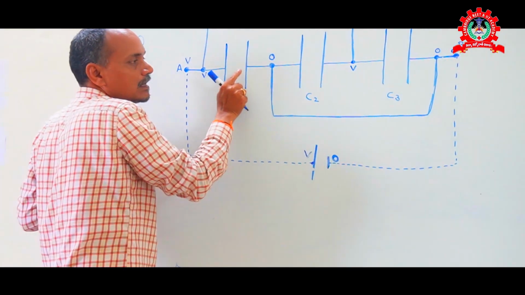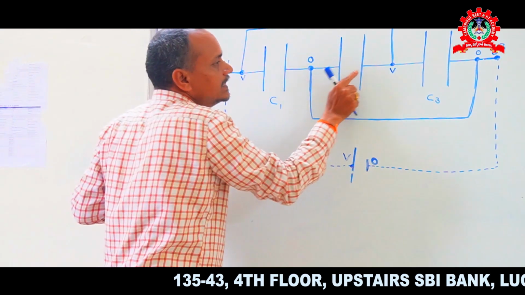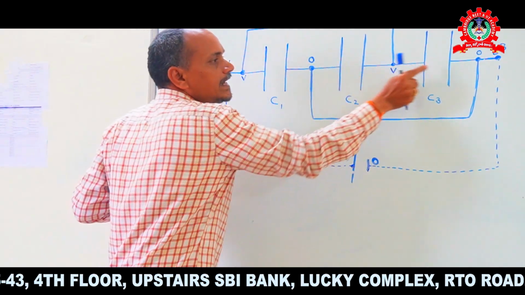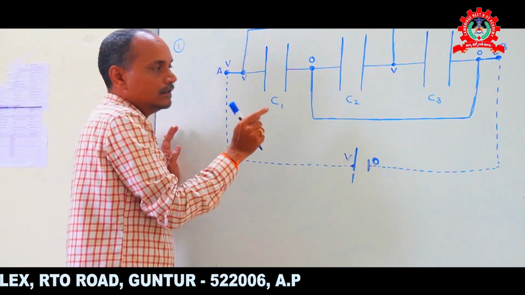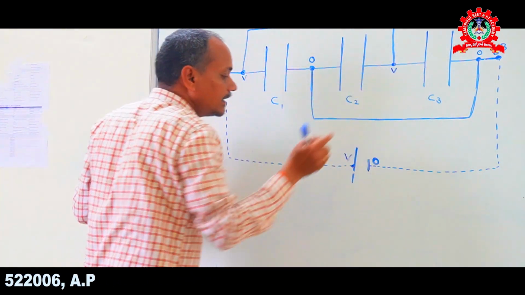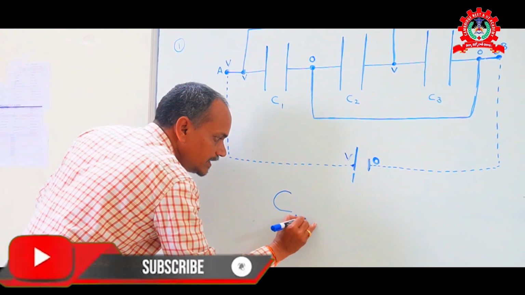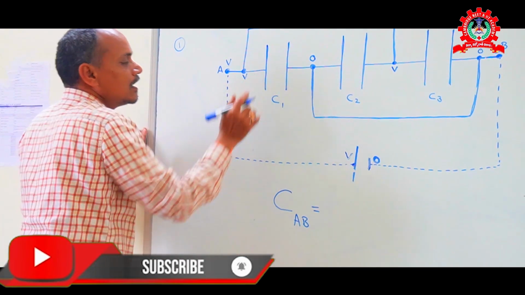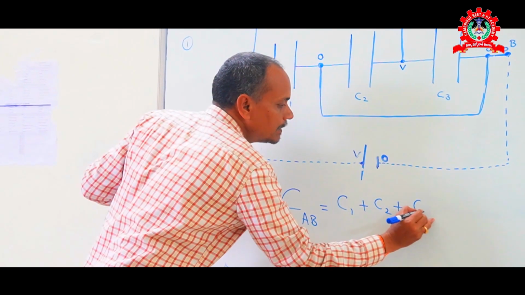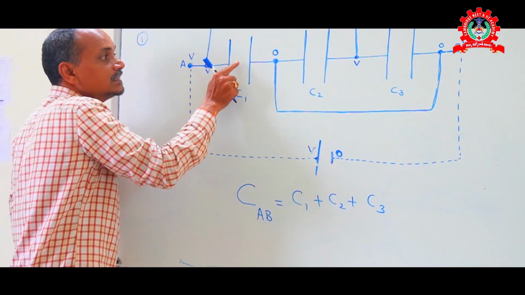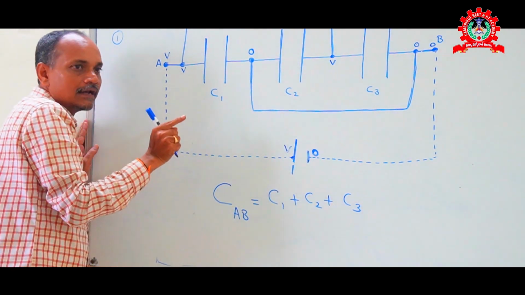If the potential difference remains the same, then these three are connected in parallel. So the equivalent capacitance between A and B becomes C1 plus C2 plus C3.